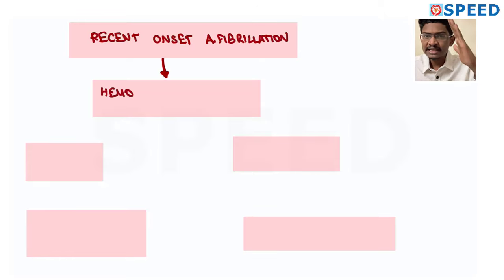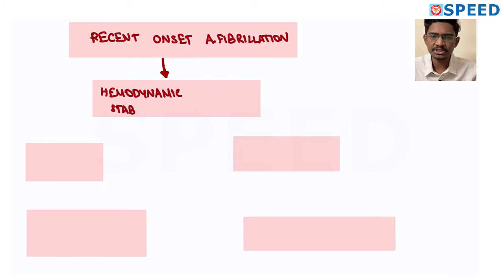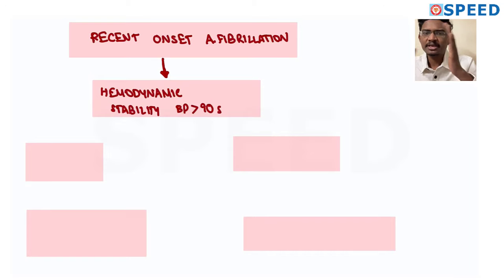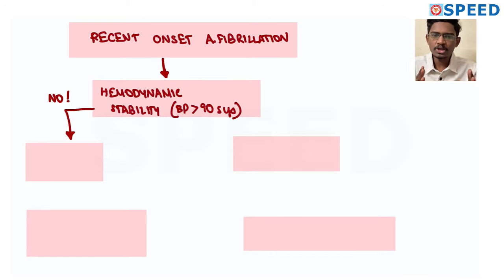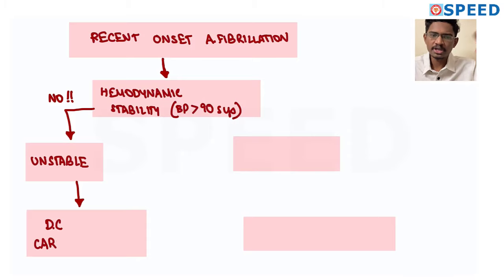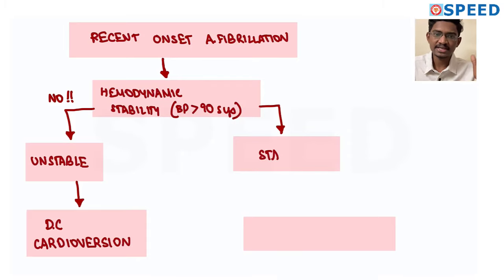If BP is less than 90, the patient is unstable, shock the patient, DC cardioversion. Or if the patient's BP is more than 90, then you can try rate control measures. And if the rate is controlled, then you can go for rhythm control by giving amiodarone; all class 3 antiarrhythmics you can try.